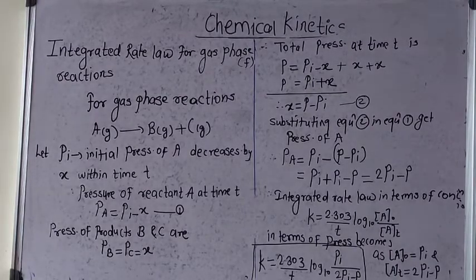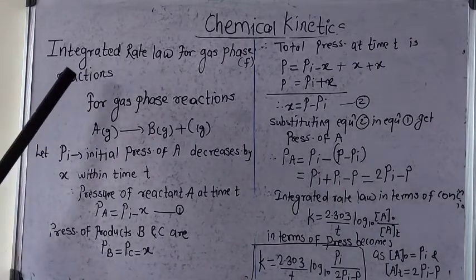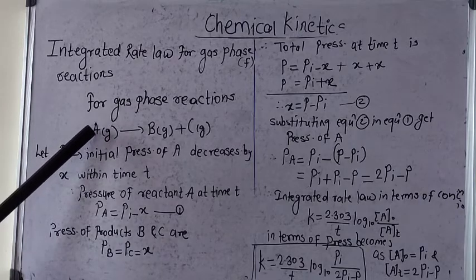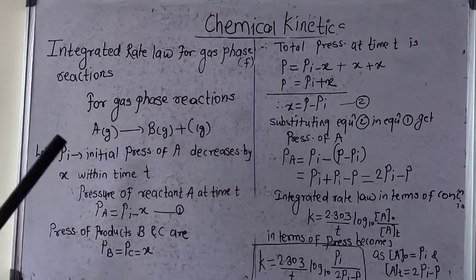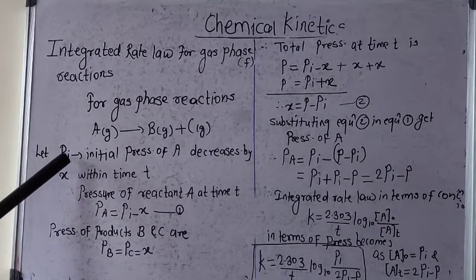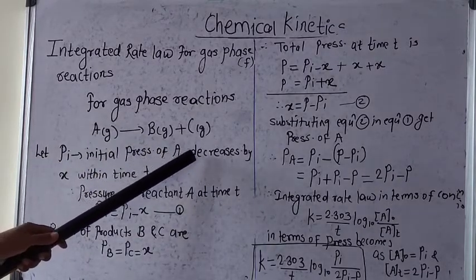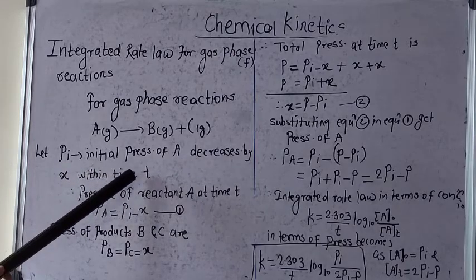Okay, so the next topic is the integrated rate law for a gas phase reaction. For a gas phase reaction, we are considering the reactants and products in the gaseous phase. Let's consider that Pi is the initial pressure of A, and it decreases by x within time t.